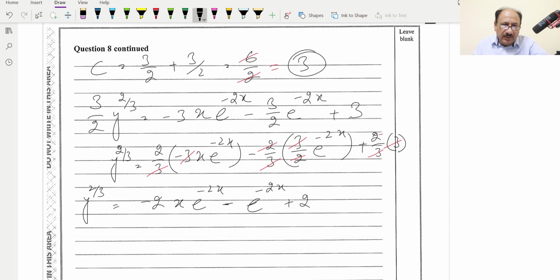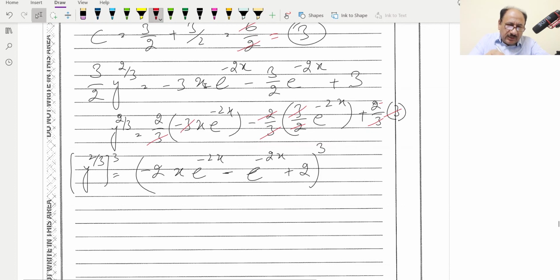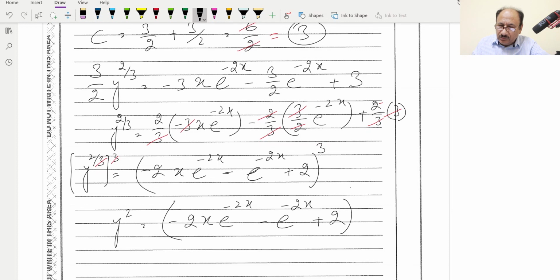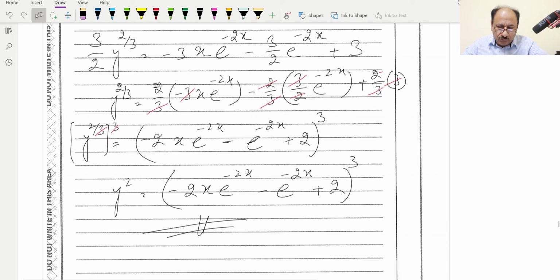Now we want to get rid of this 2 by 3, so we will take the power as cube, cube on this side and cube on this side. So after cancellation, y square will be equal to (minus 2x e raised to minus 2x minus e raised to minus 2x plus 2) and whole raised to the power 3. This will be the final y square value which we were supposed to find.